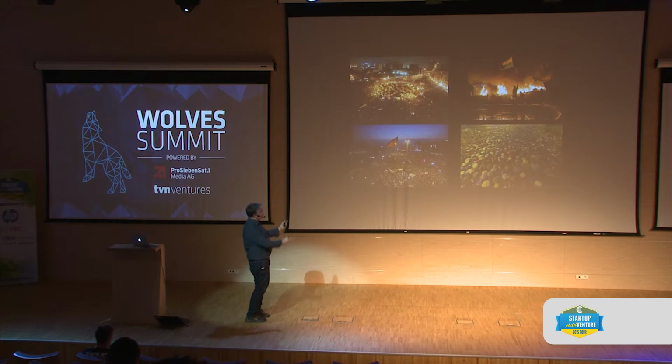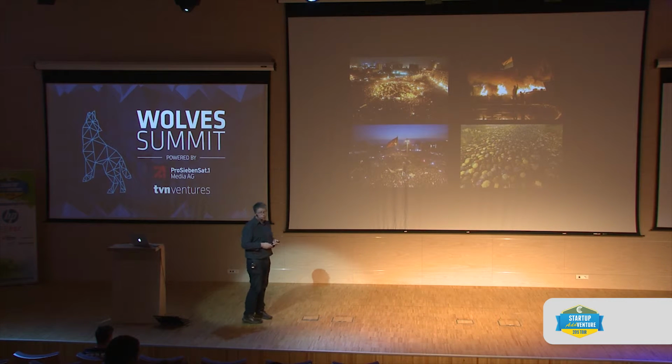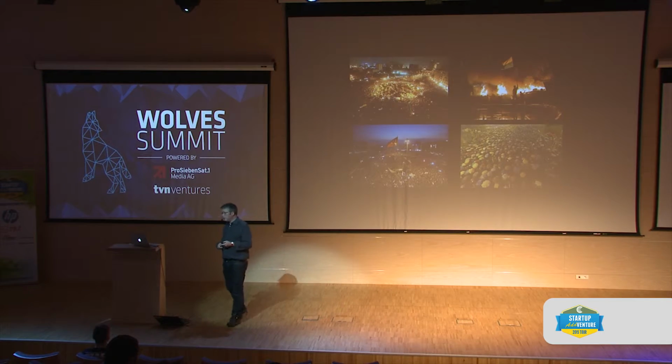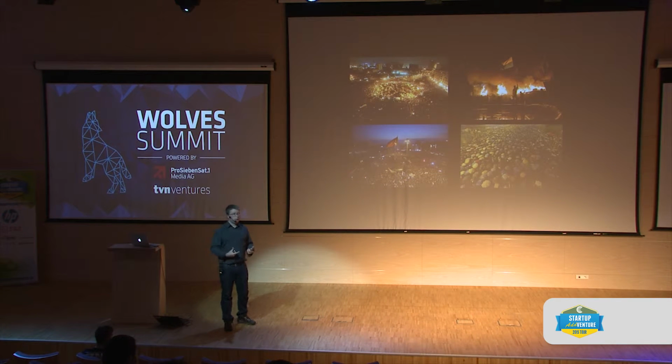So what's the big underlying why here? Well, you heard Vitaly talking about the Maidan Revolution back in Ukraine, in 2012, 13? So you had this situation here. You had Gezi Park in Turkey. You had Tahrir Square in Cairo. All of these things were premised on the idea that you could use social media to drive major social change.